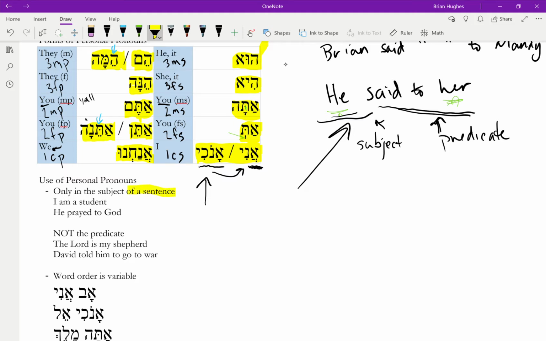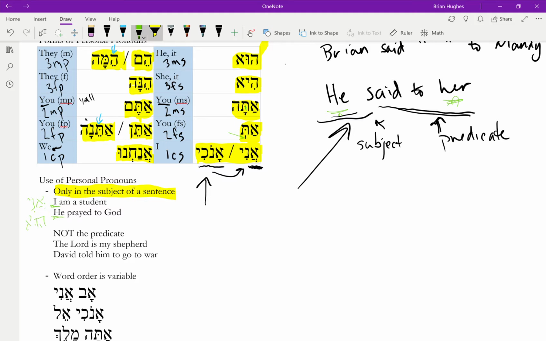So let me just say it's only in the subject of a sentence. In these English sentences I have here, we're only talking about these pronouns, so for their Hebrew equivalent, this would be like ani and hu.